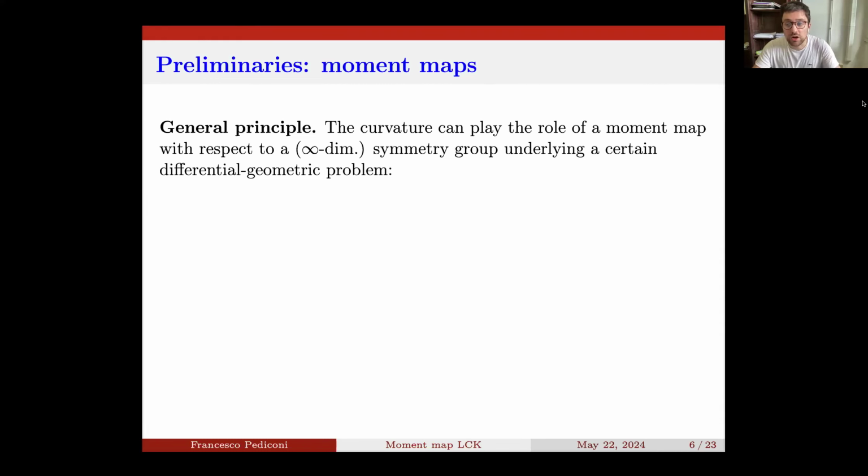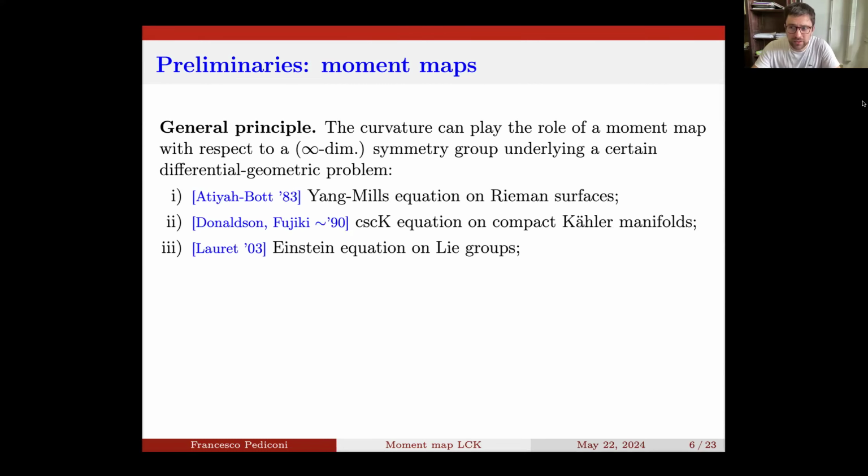To mention some examples, I think the first instance where this general principle appeared is due to Atiyah and Bott in the 80s, where they were studying the Yang-Mills equation on Riemann surfaces, and it turns out that the curvature of connections on complex vector bundles over Riemann surfaces can be interpreted as a moment map with respect to a certain gauge group.